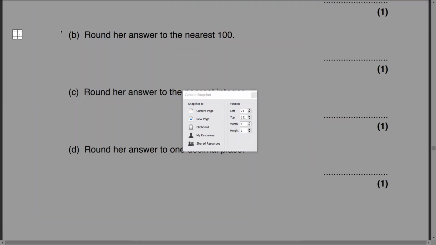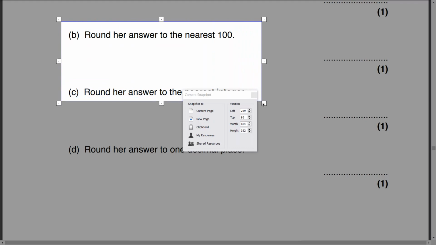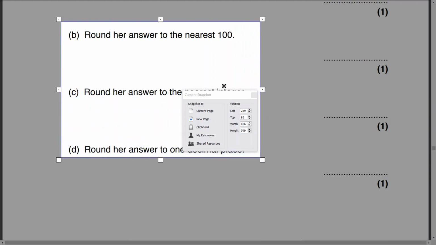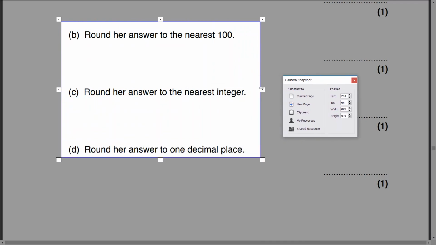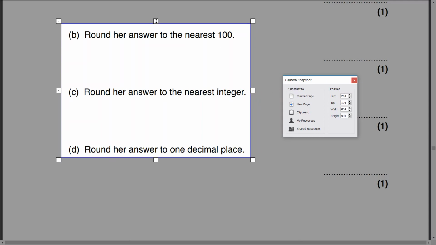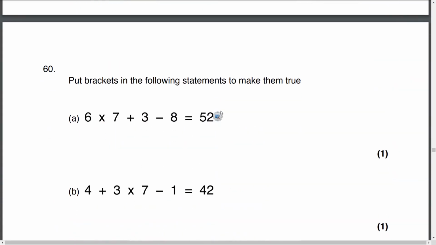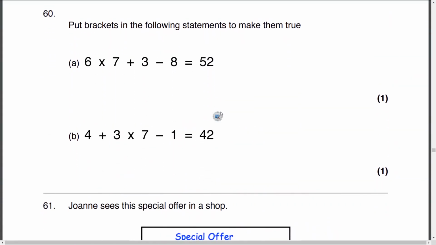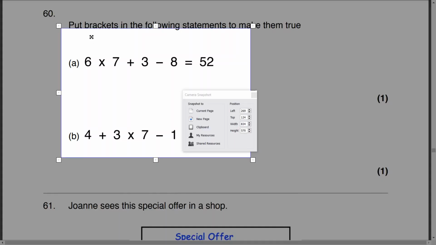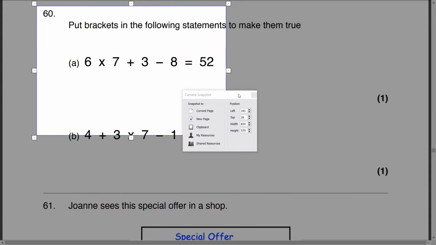Sure. So more than 6 miles. So how would you say 6?